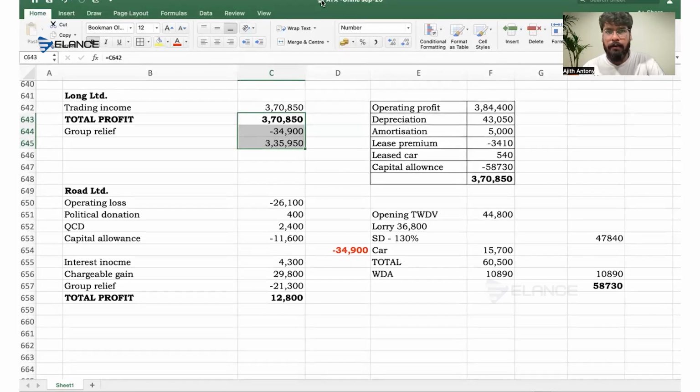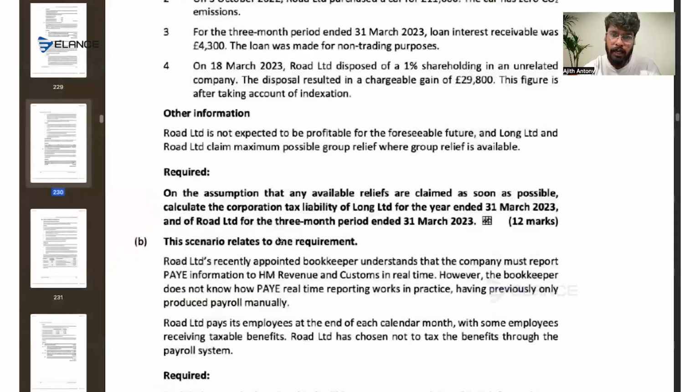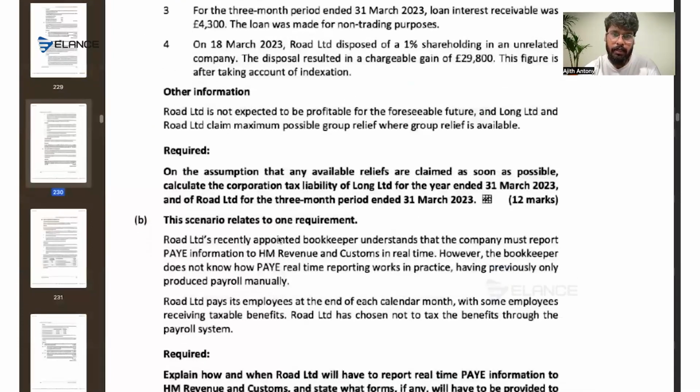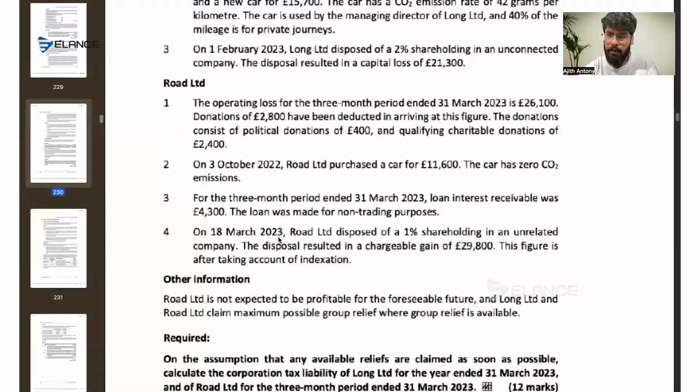Okay, done. Yes, so we just set off all the losses. Okay, group relief we are done with, and let us check, are there any other deductions? We have one more deduction of QCD over here. In Rod Limited, there's a QCD, a qualifying charitable donation of 2,400.